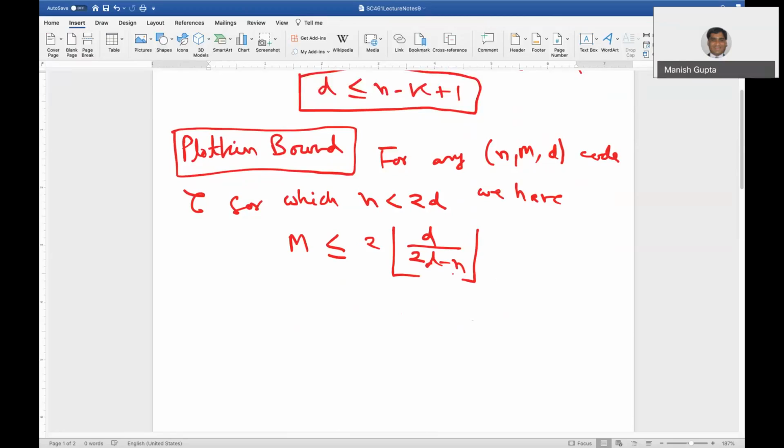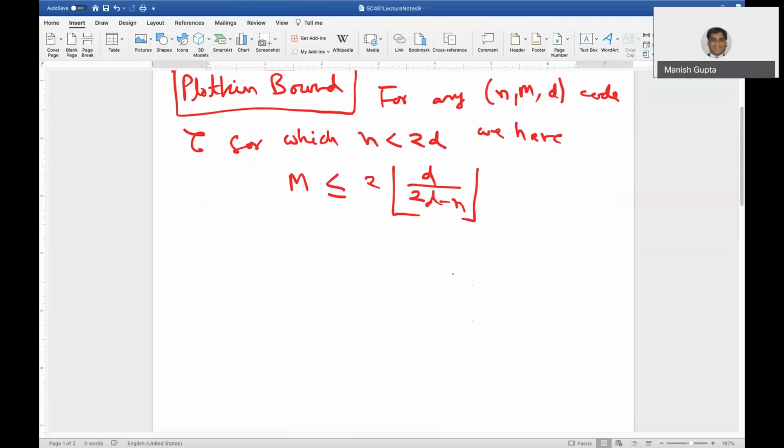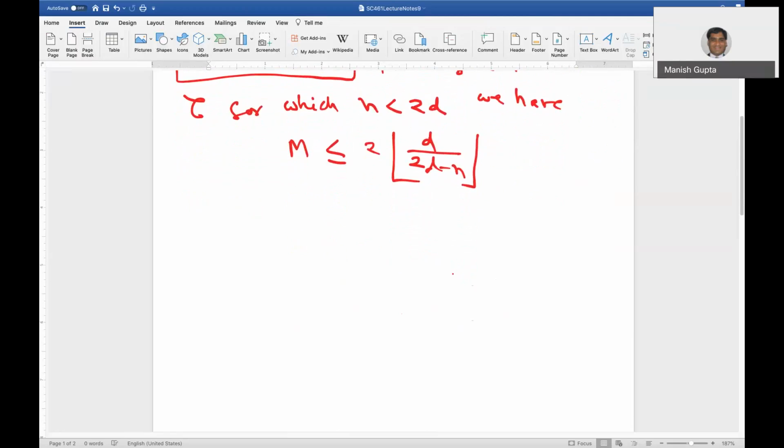So this is the bound on the total number of code words. It is a very interesting bound, and normally codes which meet this bound can be constructed from Hadamard matrices. We will talk about that after this. Now let me try to prove it.